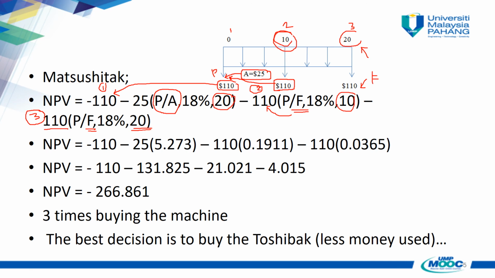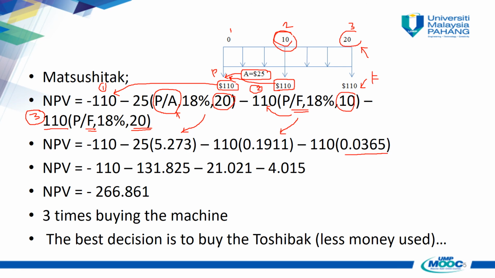We will get our value. Okay, 110 plus the 25 multiplied by 5.273. And then minus 110 multiplied by finding P when you knew the F, 0.1911 from our compound interest table, and then 110 multiplied by P over F, 0.0365 the value.